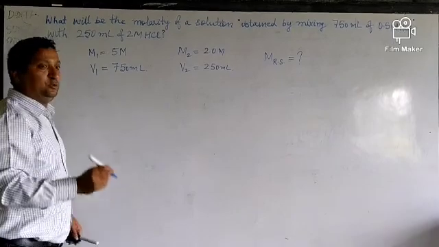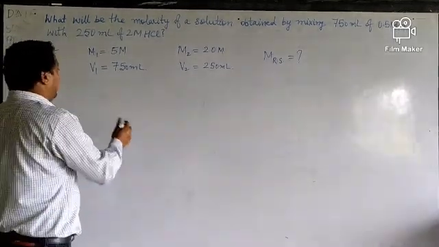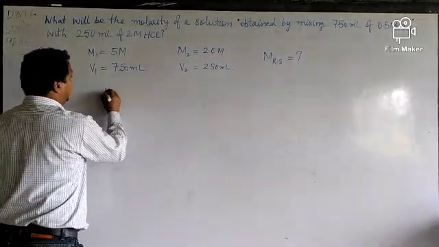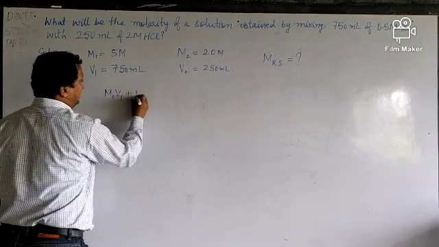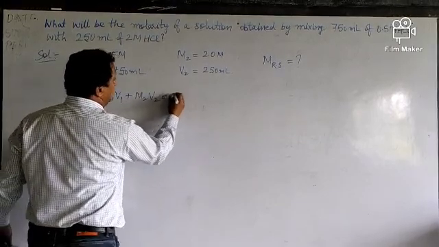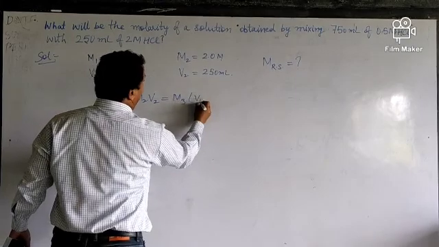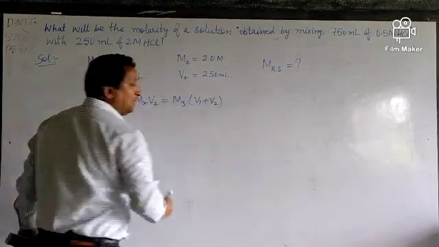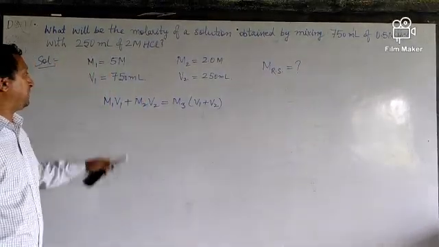I have told you this before, what is the formula for such types of solutions? M1V1 plus M2V2 is equal to M3 into V1 plus V2. I have told you this formula.